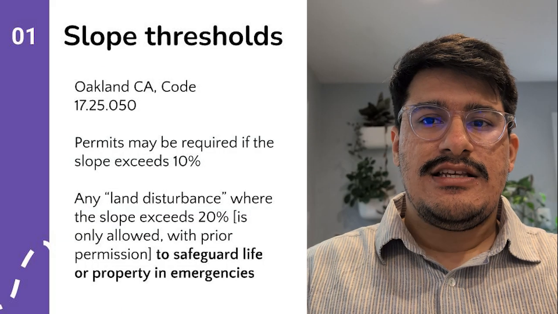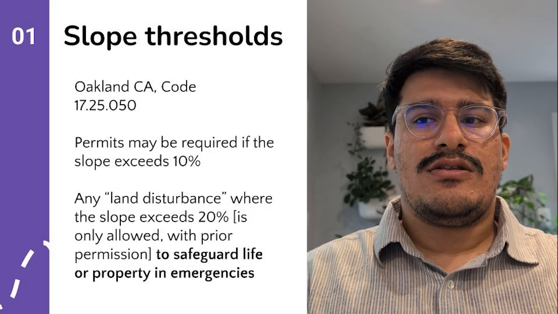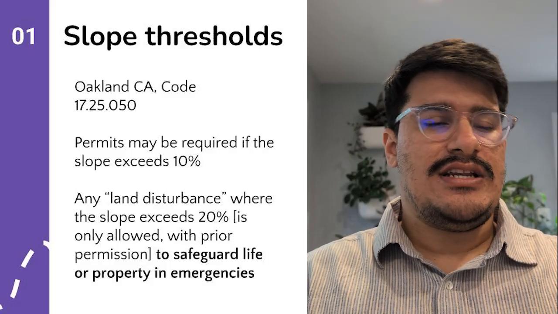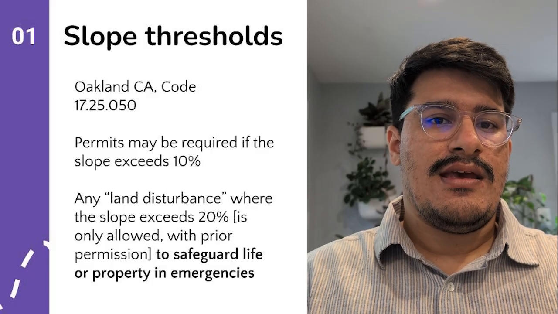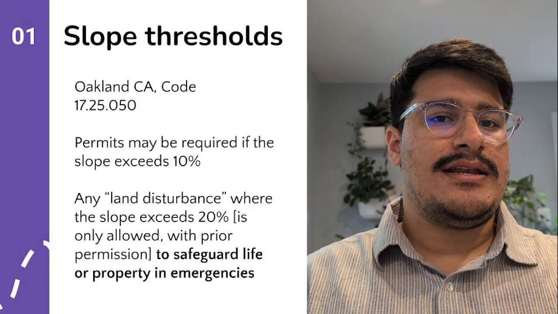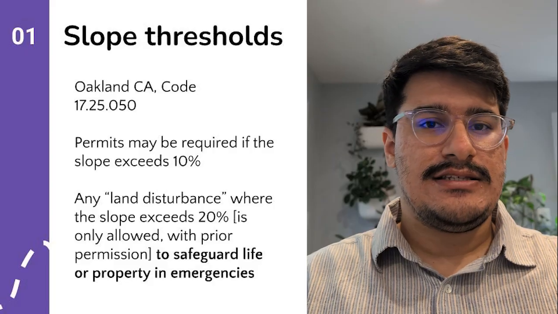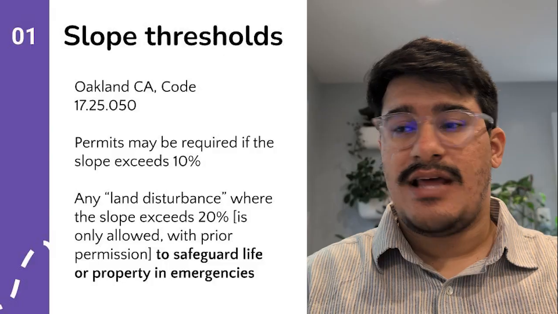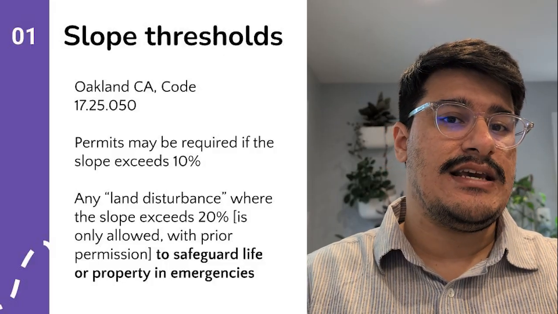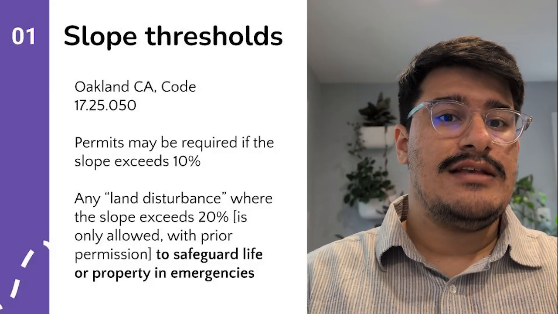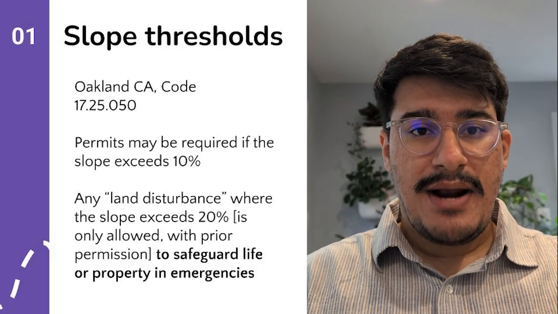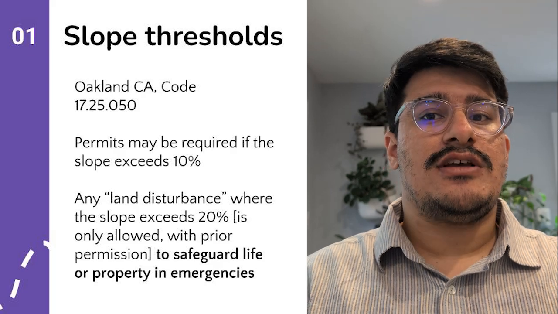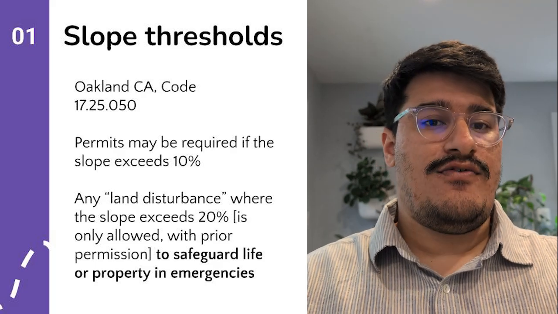Closer to home in the East Bay region of California, local authorities have very robust hillside regulations. In Oakland, Section 17.25.50 forces you to take a permit if any slope exceeds 10%, and any land disturbance, which doesn't have to be construction, on a slope exceeding 20% is only allowed with prior permission in emergency situations and only to safeguard human life or property.